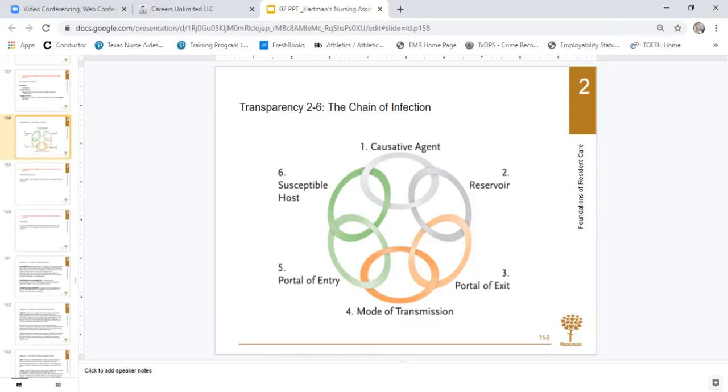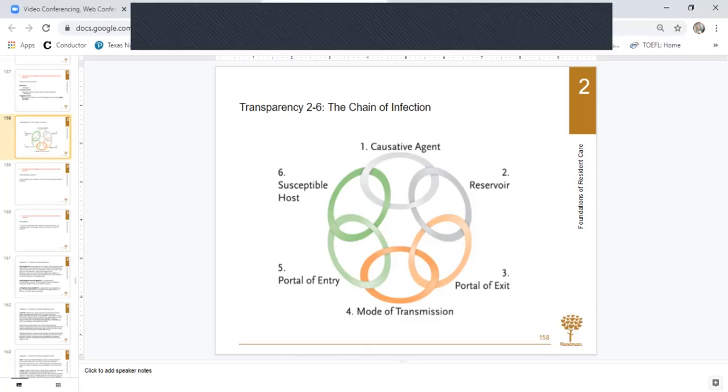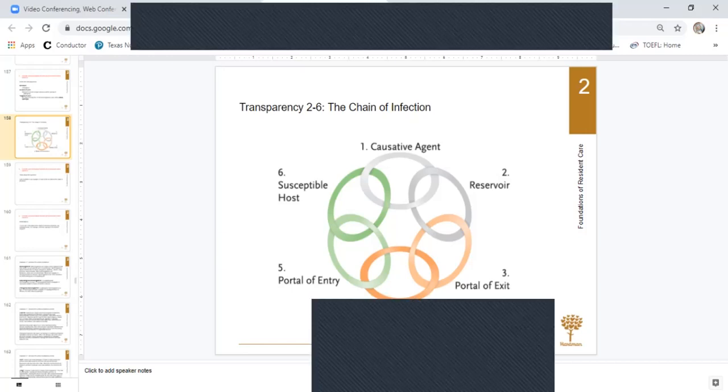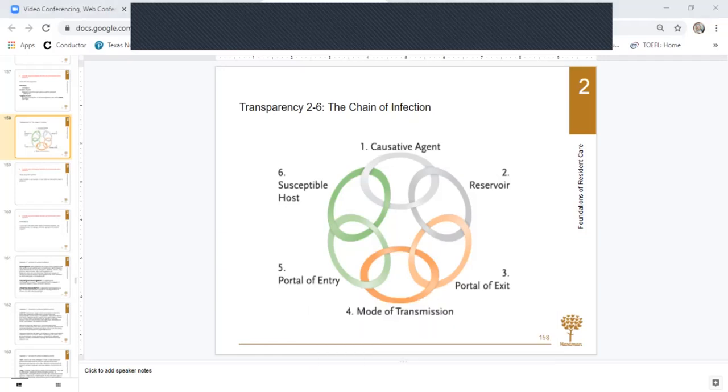Right, in the book it's page 46. Okay, but nobody's looking at the PowerPoint that I'm sharing right now? Yes, I can see it. I can see it. What do you see, Erica? It's the wheel of causative agent, reservoir. Oh, okay. All right, very good. Is there something obstructing the view? Can you see it? It was great. Okay, now we can see it.